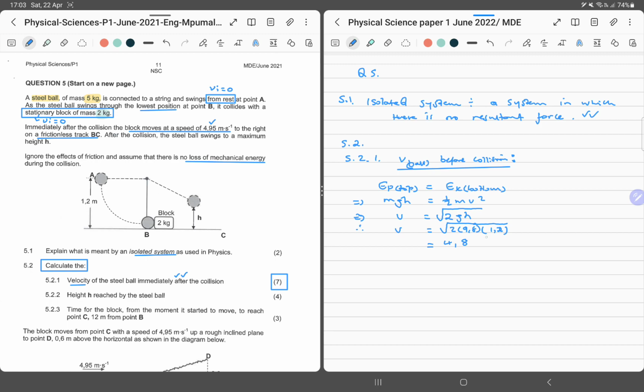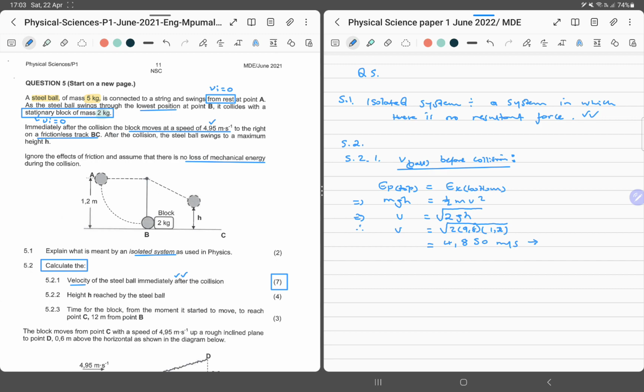So it's going to be 4,85 meters per second. And then, of course, by the time it reaches point B, it's going to the right.